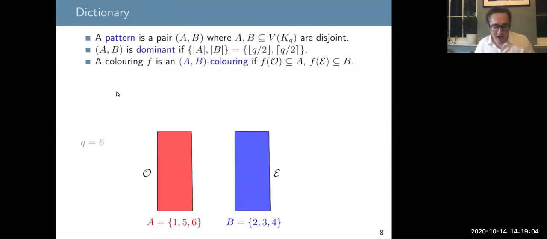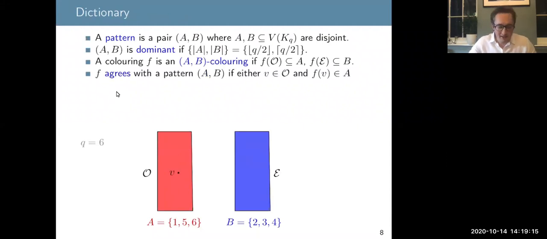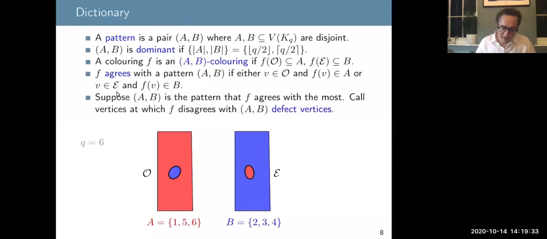Okay, I'll call a coloring f an AB coloring if I color everything on the left A and color everything on the right B. And I'll say that a coloring agrees with this pattern AB if basically it follows this picture, right? So if v is on the left, v is in the odd sublattice and it's colored A, or if v appears on the right and it's colored B. And lastly, if I have a coloring, I can identify the dominant pattern it agrees most with.